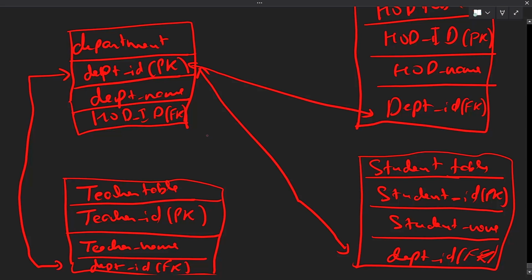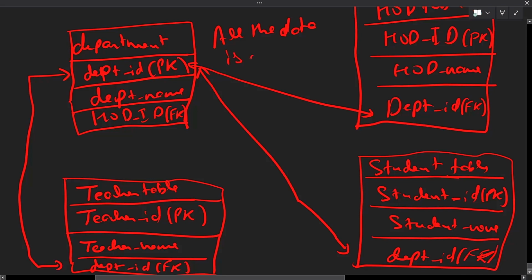Have you ever thought why we have classified these tables into different keys, or why we have classified all this data into different tables? There is a concept which I have already told you called normalization. Normalization simply means that we have to normalize the data.